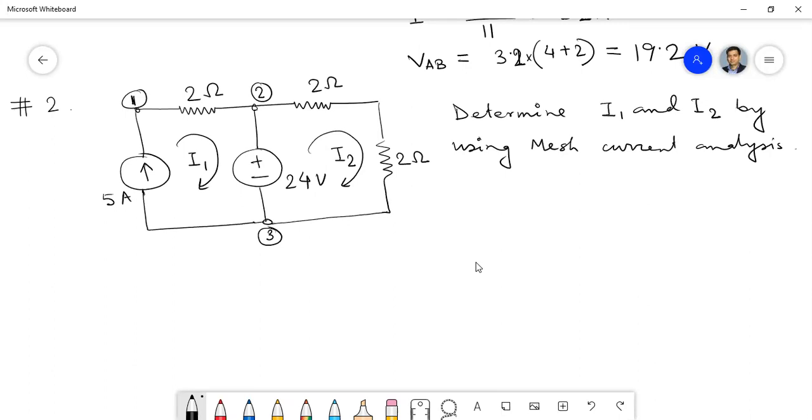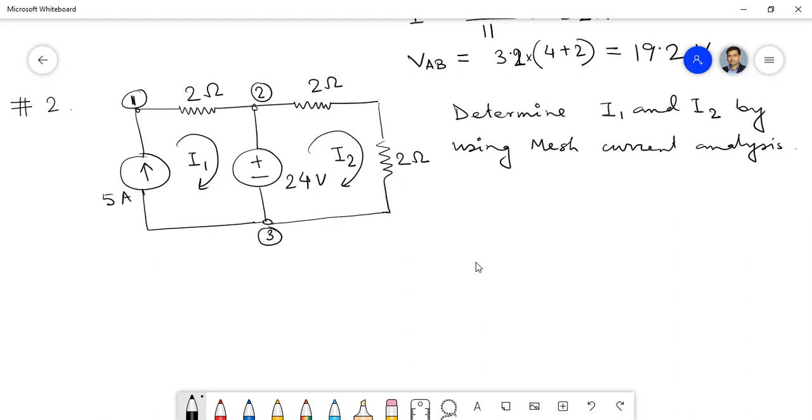Anyway, after that we'll determine that only. Here you have to prove that in the first loop we'll get only the 5 ampere. Now here the problem is we don't have any resistance in parallel with the current source.